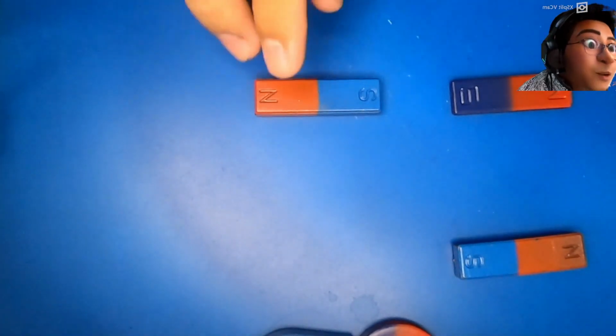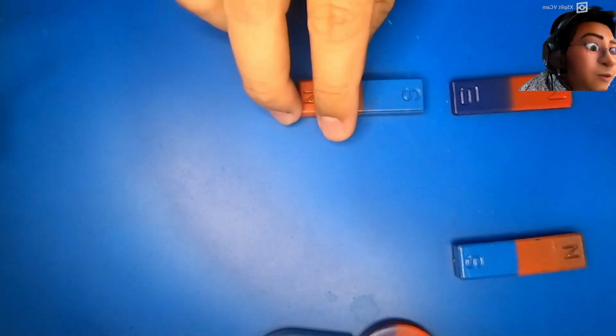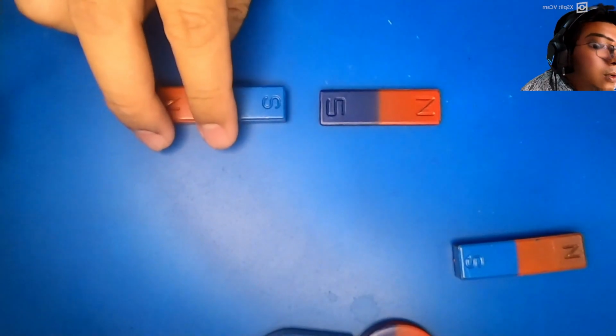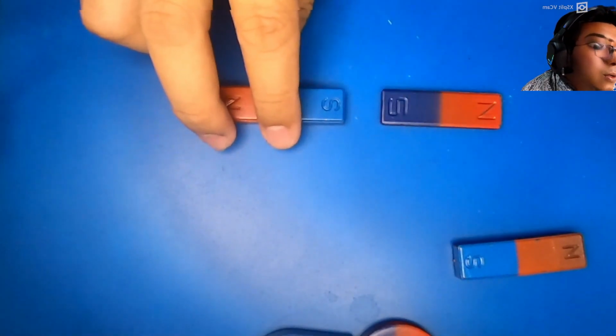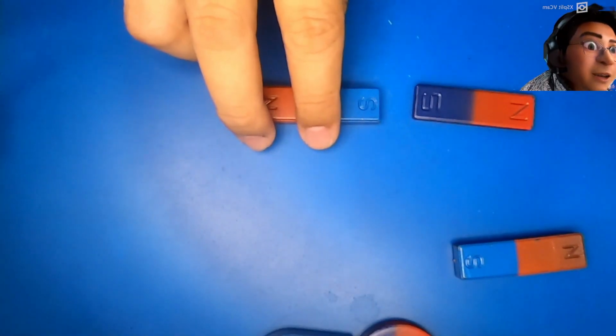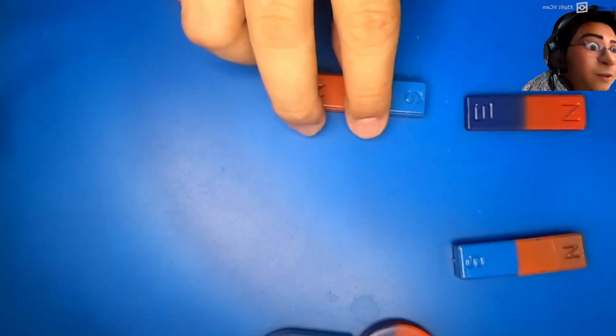Repel means push. They push, like in the video.